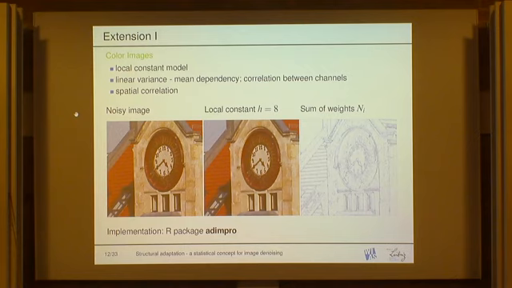Extensions. For color images, you have a local constant model, you have linear variance mean dependence, you have correlation between channels, and you have some spatial correlation. This can be incorporated here.